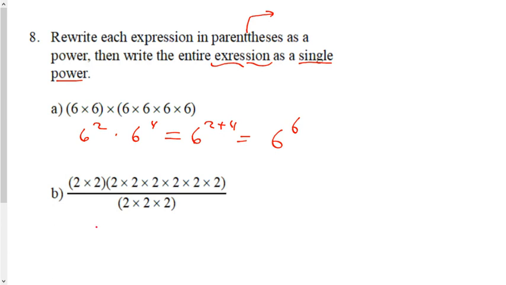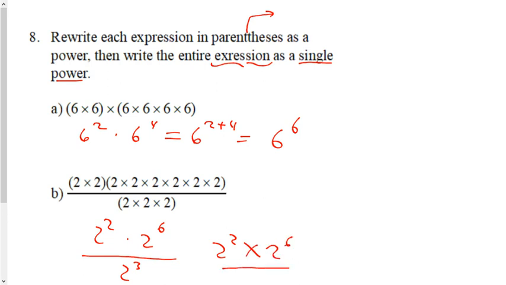And the next question, you would have 2 squared multiplied by 2 to the 6 divided by 2 to the 3. And it's okay to write it like 2 squared times 2 to the 6 over 2 to the 3. That's fine too, totally legit. Or you could actually write 2 squared in brackets multiplied by 2 to the 6 divided by 2 to the 3.